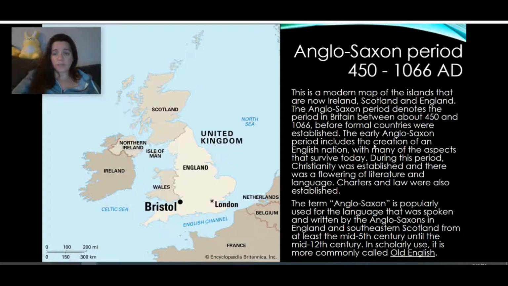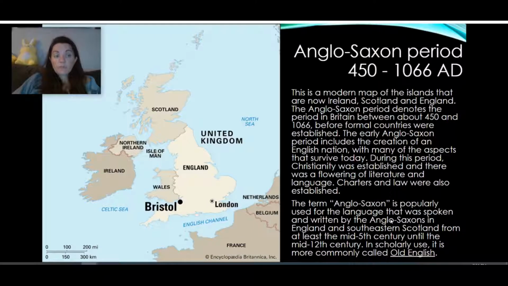So the early Anglo-Saxon period includes the creation of the English nation, with many of the aspects that survive today. During this period is also when Christianity was established, and Christianity became heavily embedded in the history of the English people and the history of the English language.